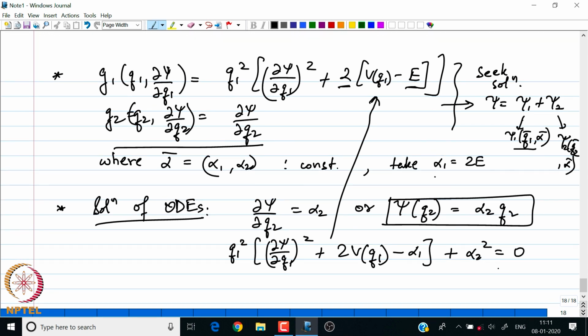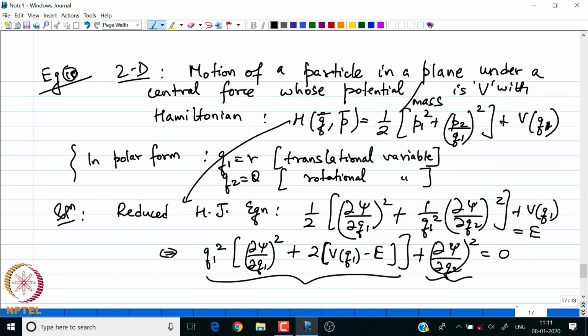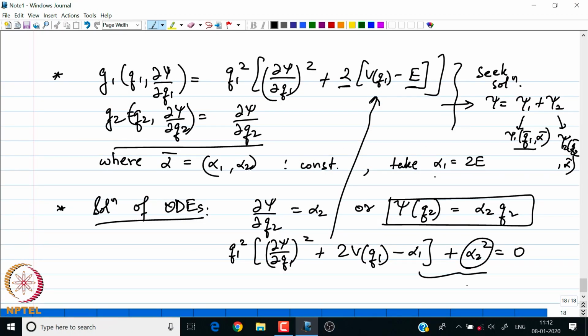Why is this plus alpha 2 square? Because in our original Hamilton-Jacobi equation, let me call it star, this comes from star, right.